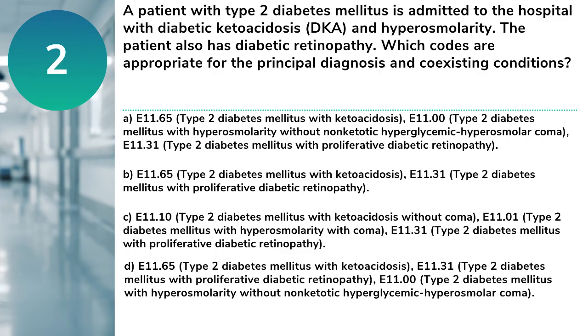D. E11.65, type 2 diabetes mellitus with ketoacidosis, E11.31, type 2 diabetes mellitus with proliferative diabetic retinopathy, E11.00, type 2 diabetes mellitus with hyperosmolarity without non-ketotic hyperglycemic hyperosmolar coma.